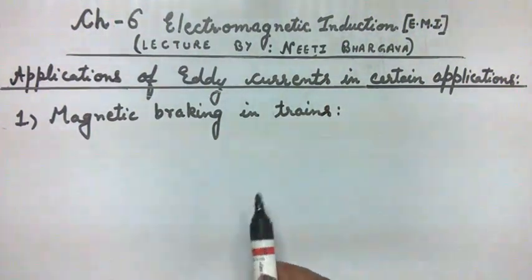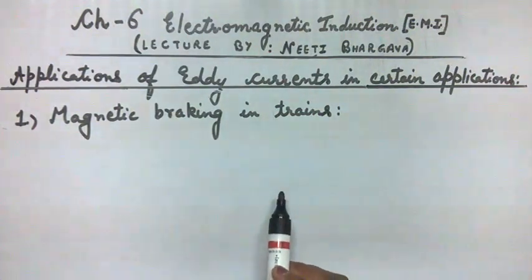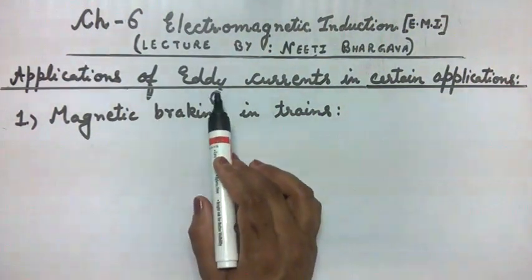Some high powered, electrically powered or high speed trains can be slowed down by the use of eddy currents.